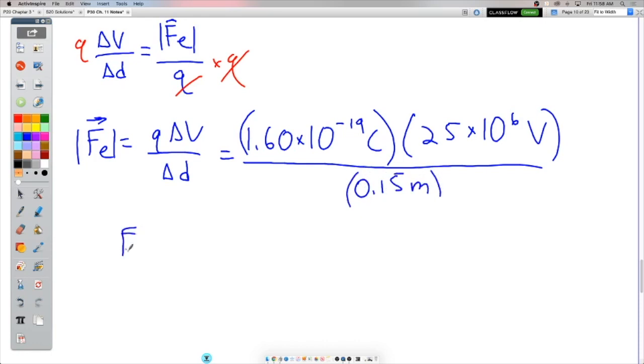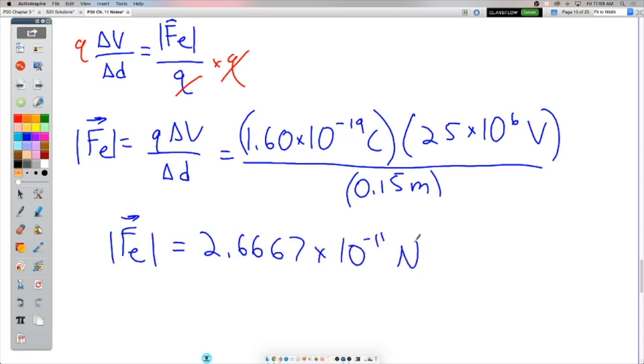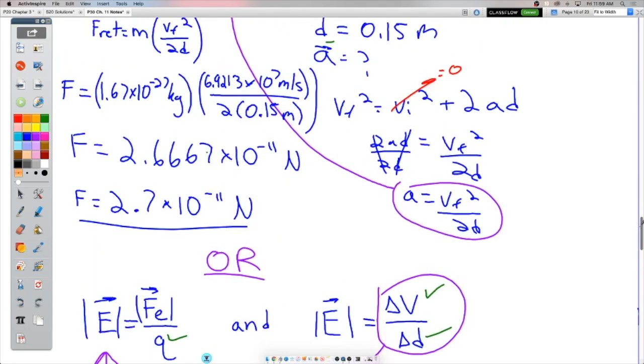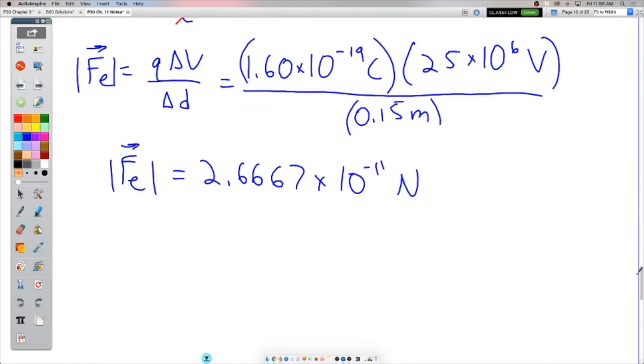And so the electrostatic force experienced by each hydrogen ion would be 2.6667 times 10 to the negative 11 newtons, which of course is the same answer we got with our more Physics 20-ish approach. If we got a different answer, we'd be worried.